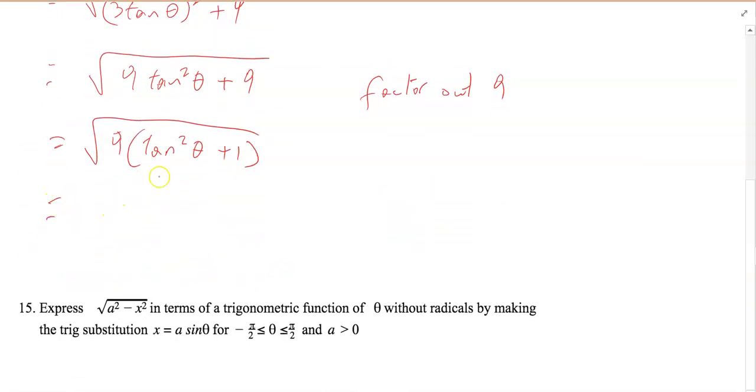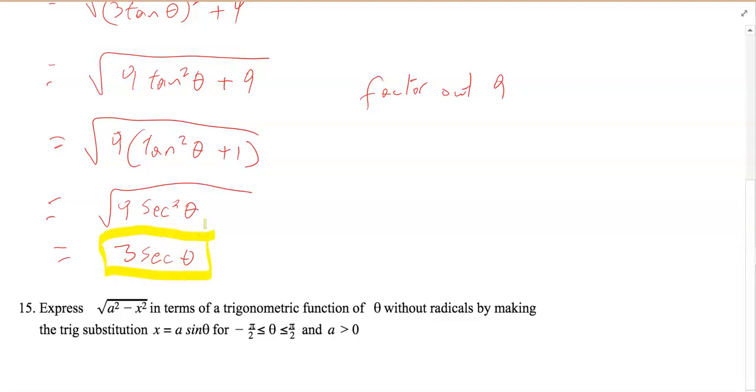And you know that tan squared theta plus 1 is the same as secant squared theta, so this is 9 secant squared theta. We take the square root of 9, that's going to be 3. The square root of secant squared theta will just be secant theta. And we're done, right? So this fits the interval that we have been given.